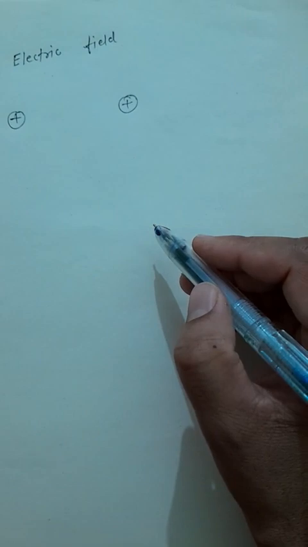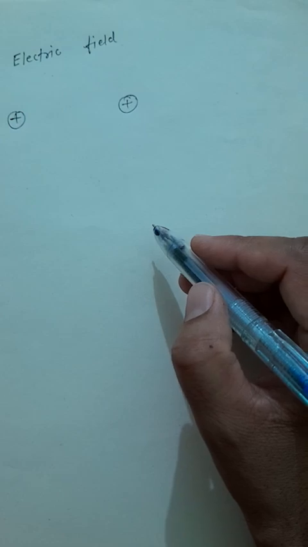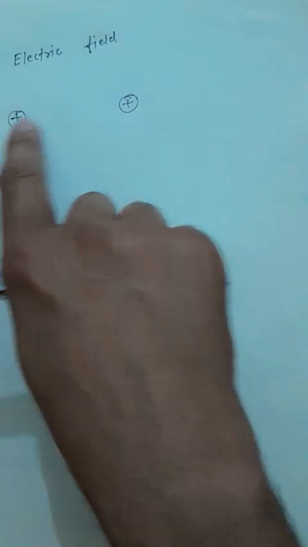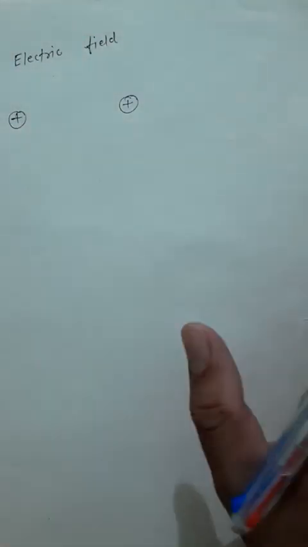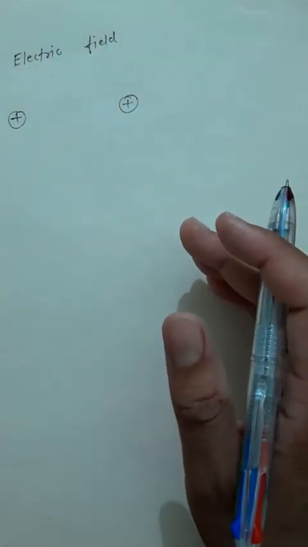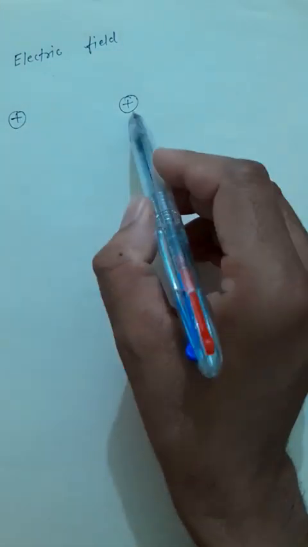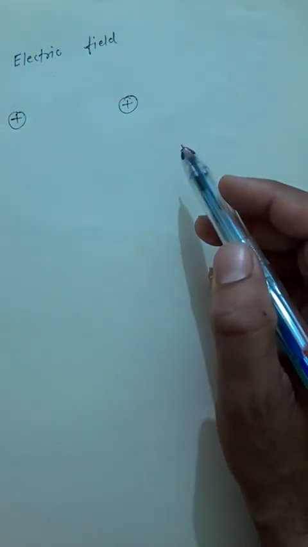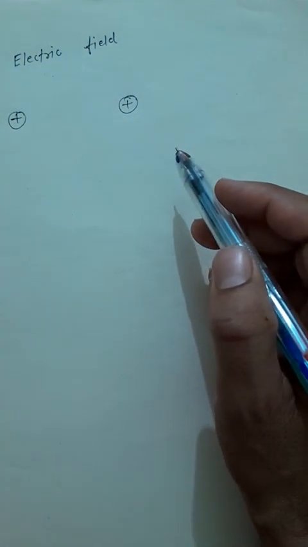To show this repulsion, there must be some technique so that we can visualize the repulsion, or the attraction if one is positive and another is negative. So, to make the study of forces between the two charges convenient, we have introduced the concept of electric field lines.